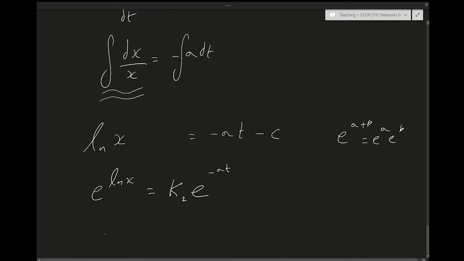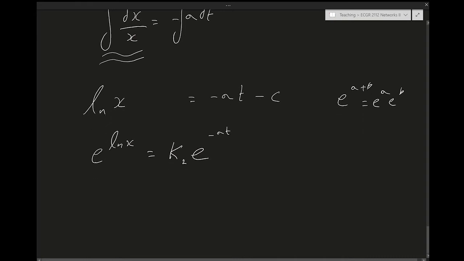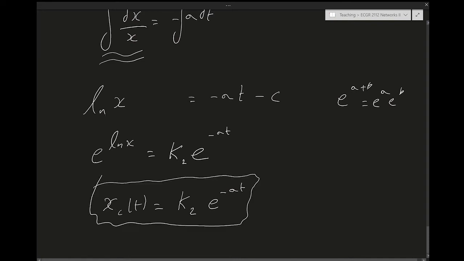What's e to the ln of x? e is the inverse of the logarithm, you remember that from calculus. So this is just x. So x_c of t is going to have this form, k2 e to the minus a t. This is the natural response. So this is one way of finding the natural response.